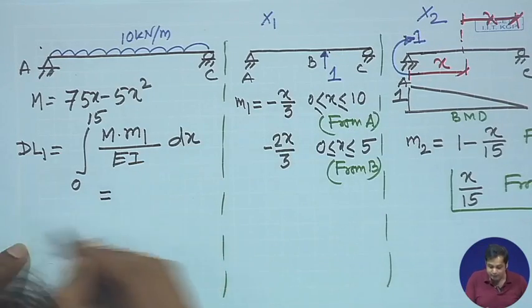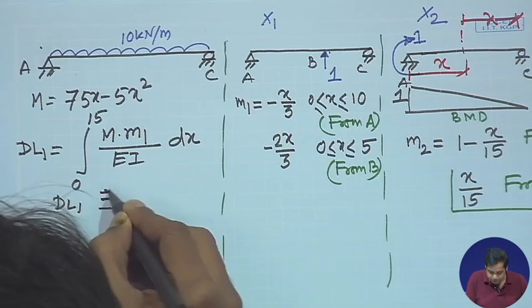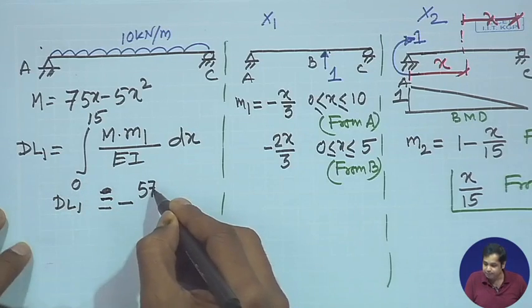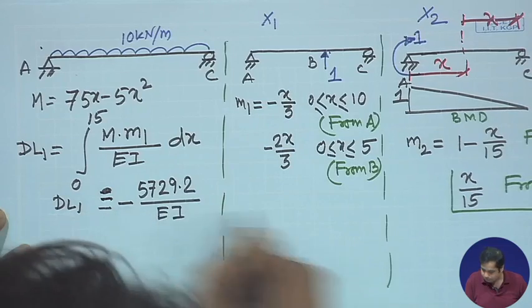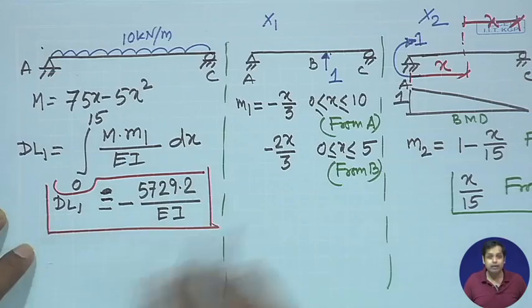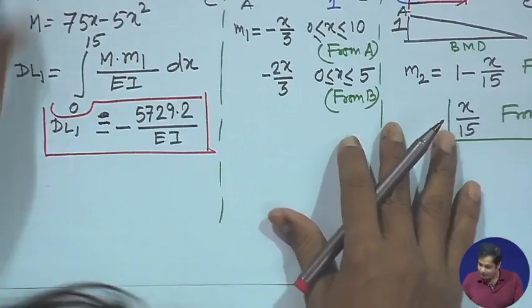We have already determined it in the previous example, that DL1 will be 5,729.2 by EI. This is DL1.